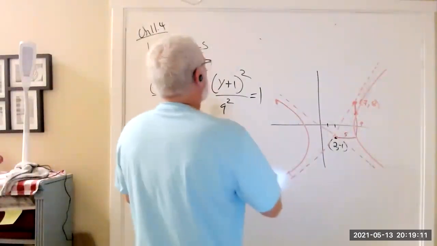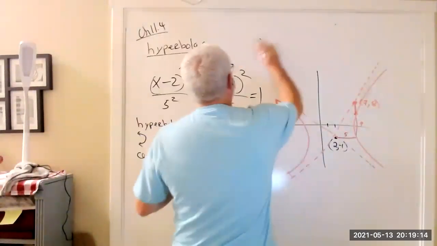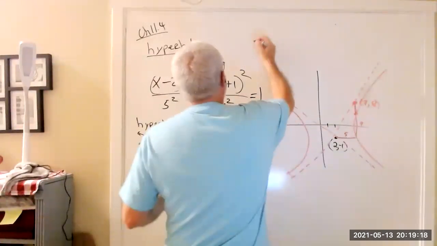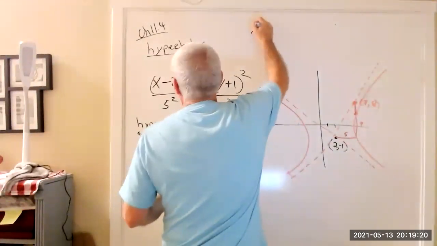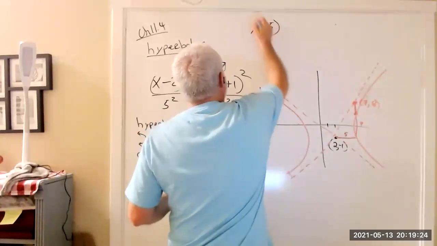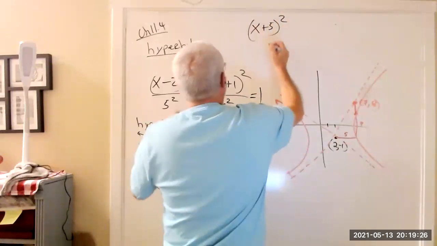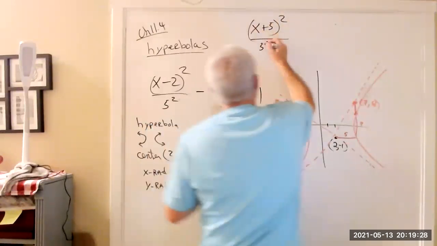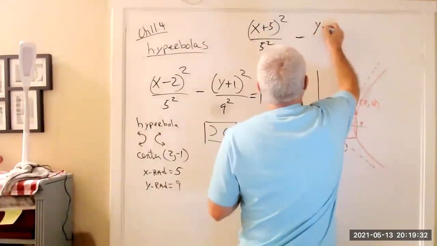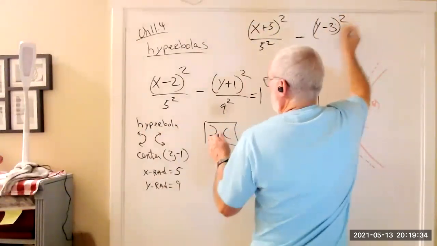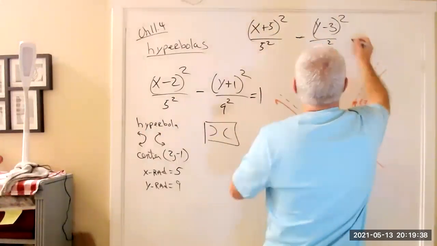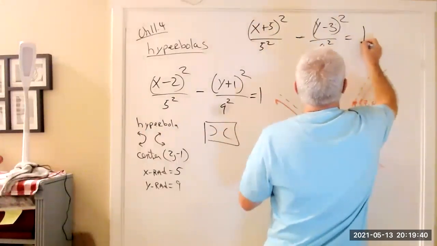Can you guys think about this just a second? This is a follow-on to Vince's question, which is really good. What if I gave you this problem? (x + 5) squared over 5 squared minus (y - 3) squared over 9 squared equals 1.